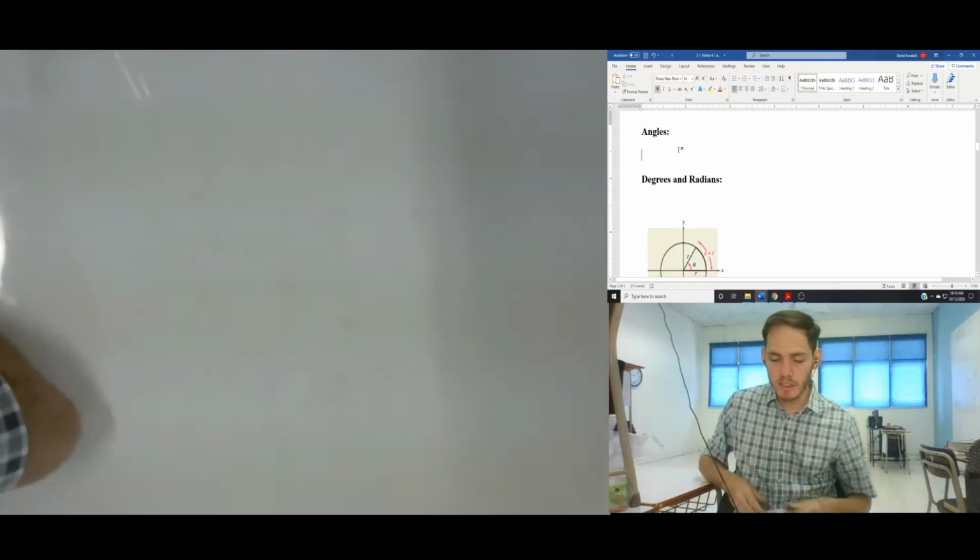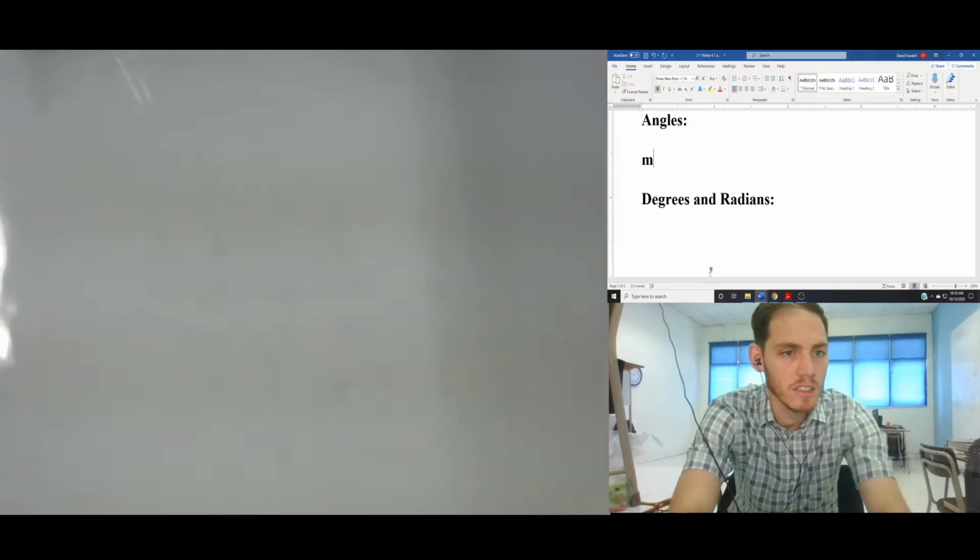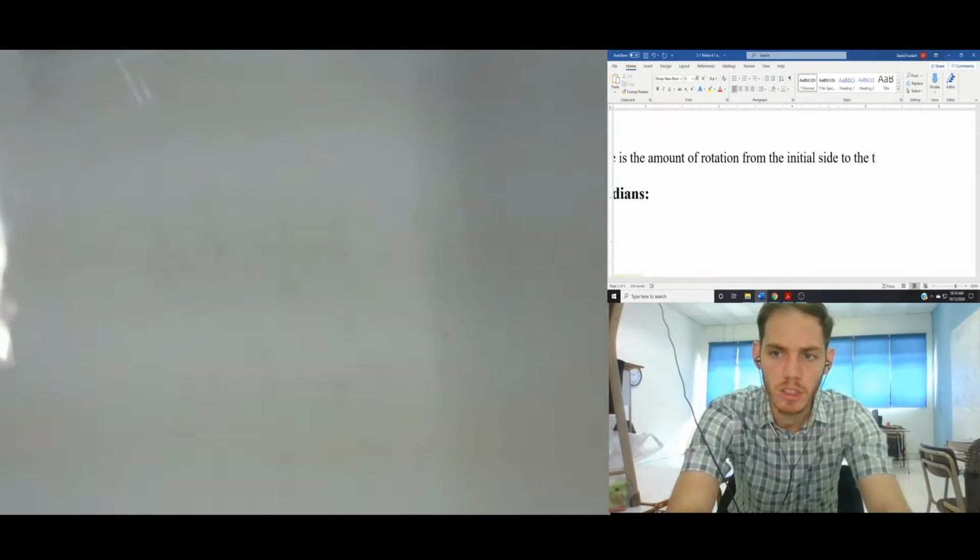So the measure of an angle is the amount of rotation from the initial side to the terminal side.